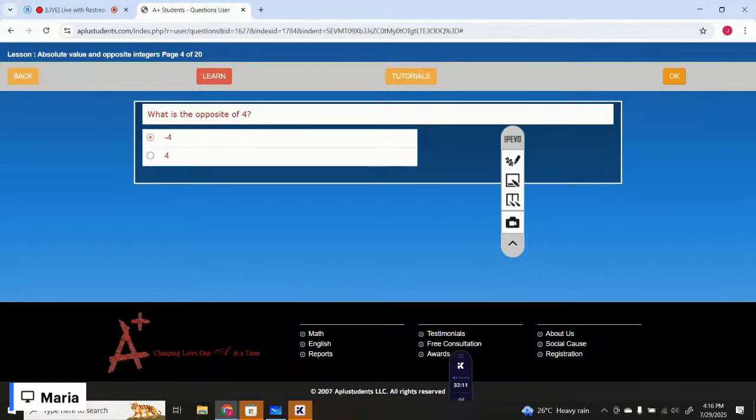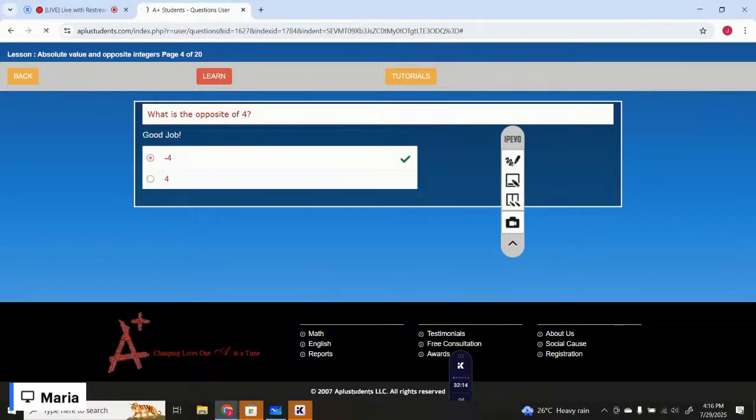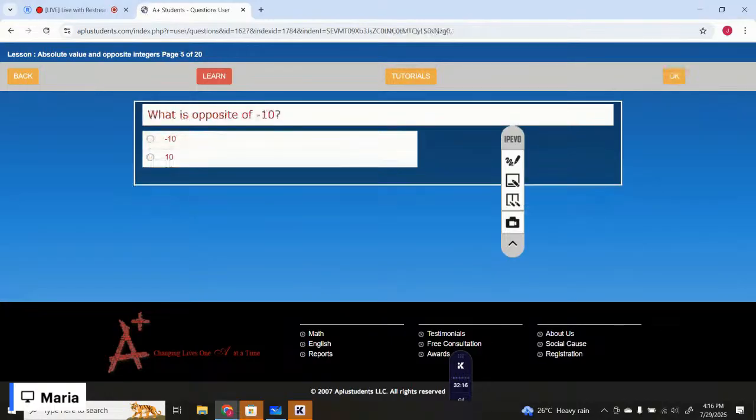Option number 1 is the correct option. What is the opposite of negative 10?